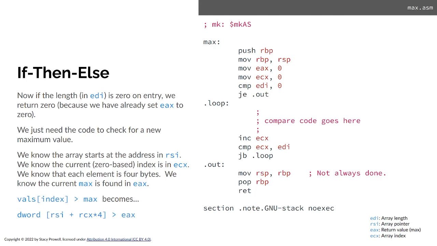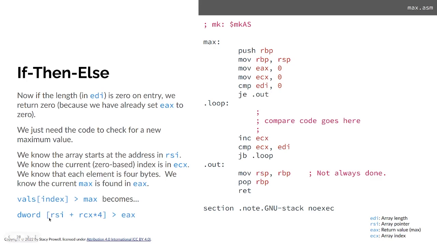Okay. Now, what's going to have to happen in here? Well, in here, we're going to have to do this comparison to see if the array entry at the index is greater than max. Well, we know the array pointer is RSI, and we know the array index is ECX.